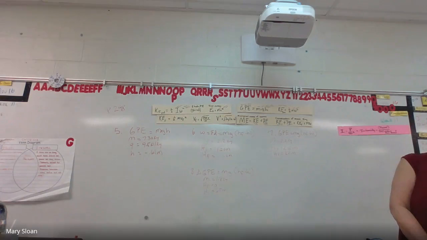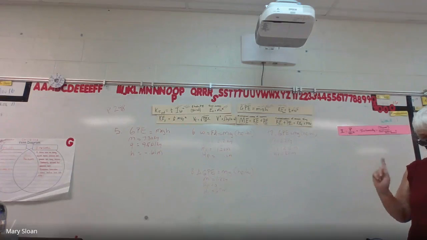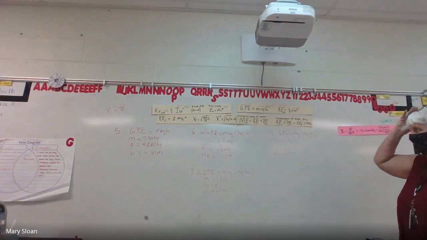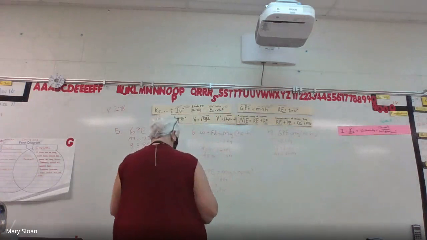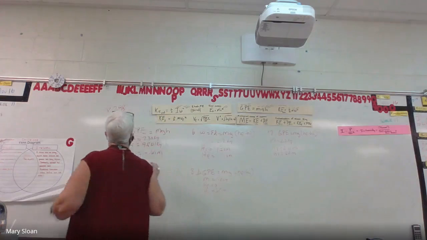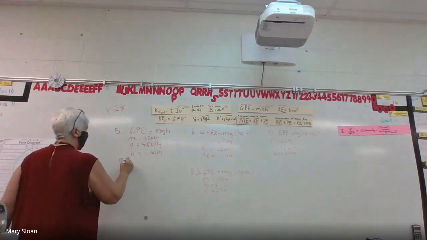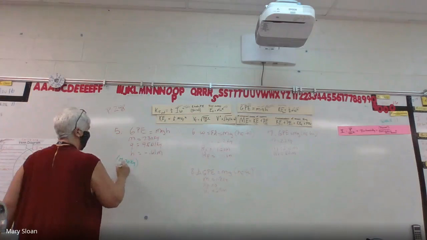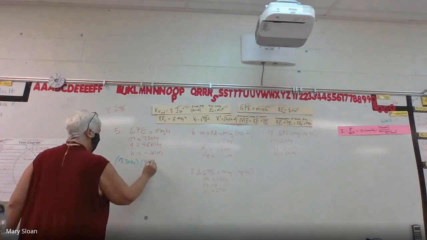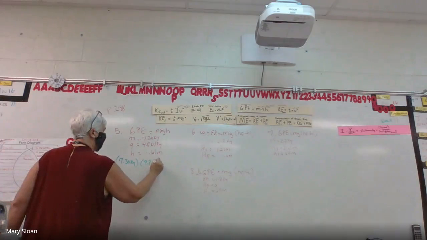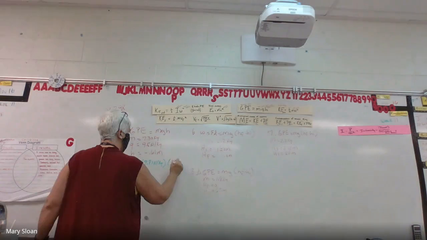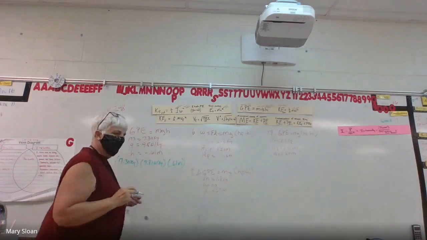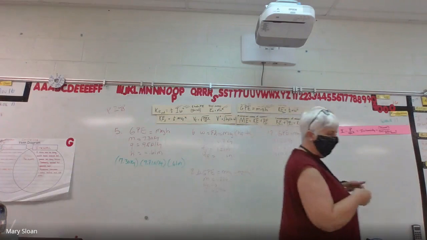And our height this time is going to be 0.61 meters. So the only thing we have to do is multiply these three together. So we're going to have 7.30 kilograms times 9.81 newtons per kilogram times 0.61 meters. So if you'll put that in your calculator, let's see what we get.